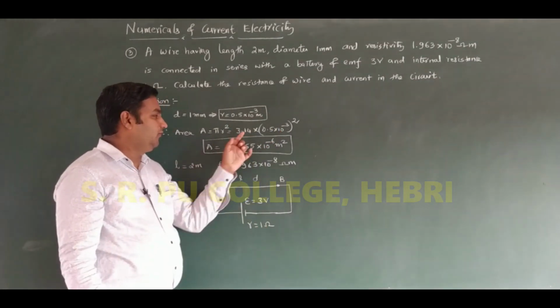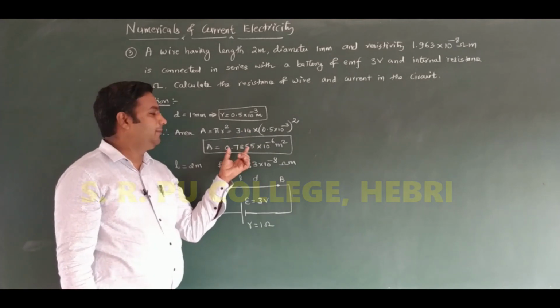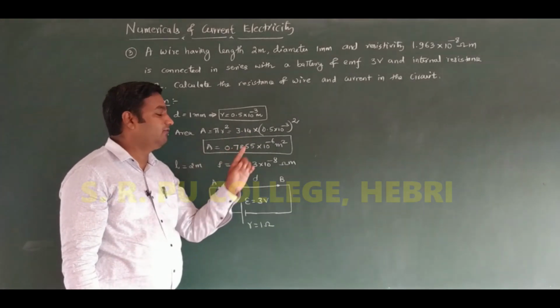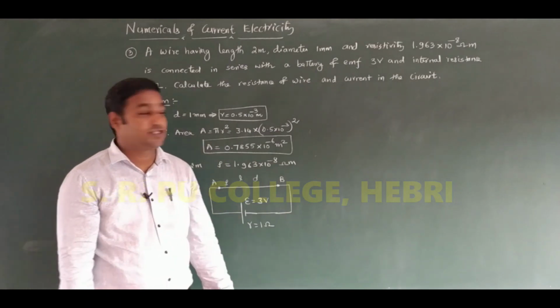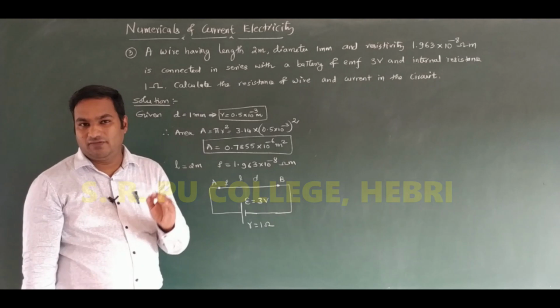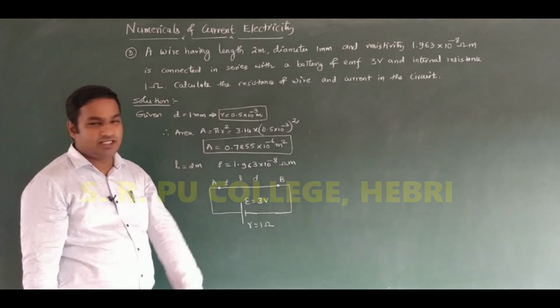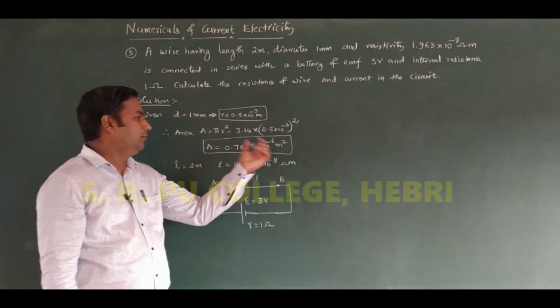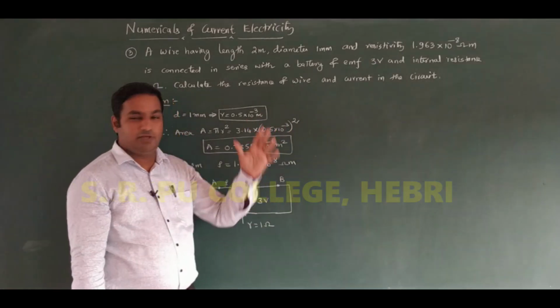Here 3.14 divided by 4 becomes 0.7855 into 10 power minus 6 meter square. So the area of cross section of the given wire is 0.7855 into 10 power minus 6 meter square.